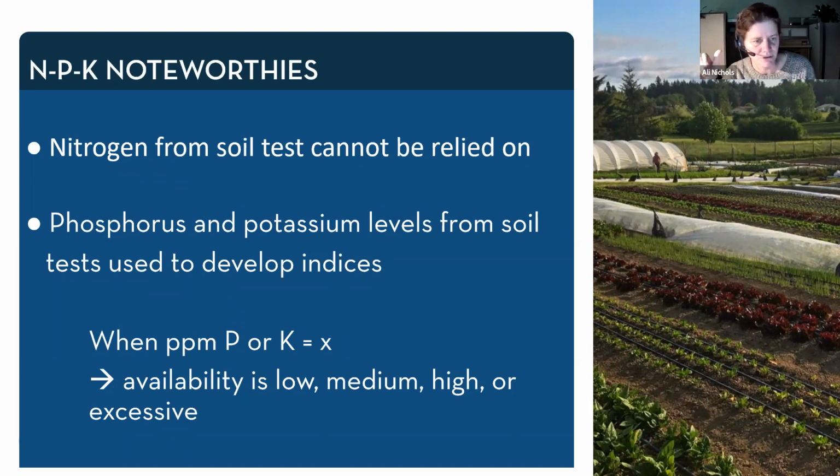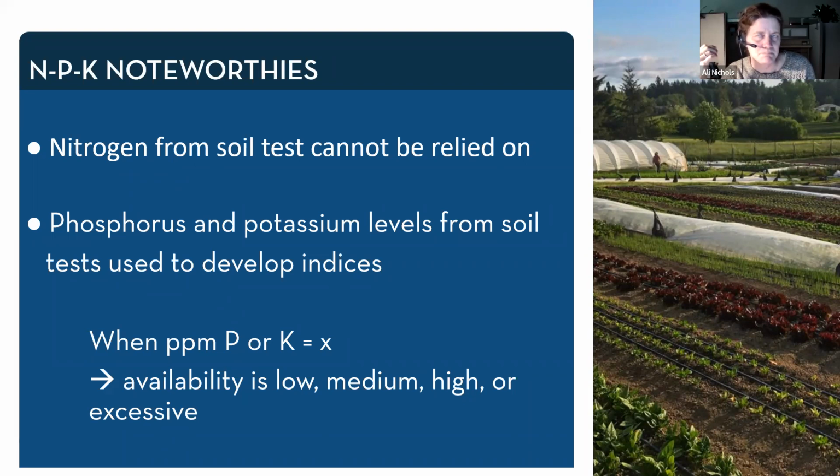Rather, researchers have documented a relationship between crop yield and extractable phosphorus and potassium levels from the lab. And they've used those to develop indices to predict whether the availability of these nutrients will be low, medium, high, or excessive.